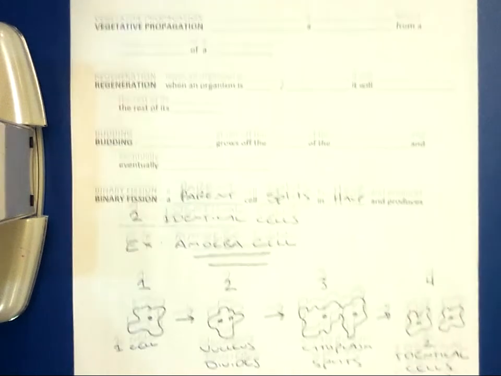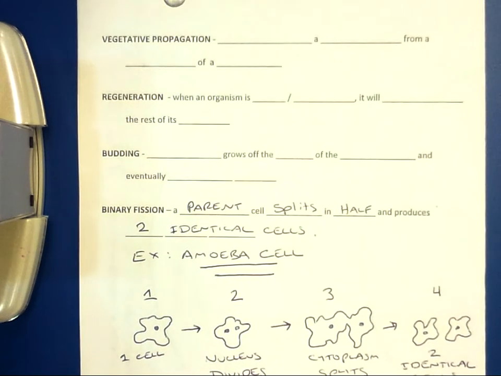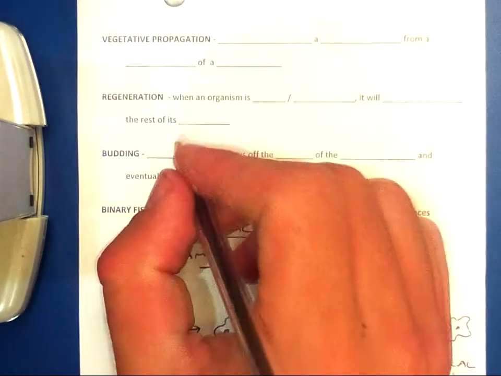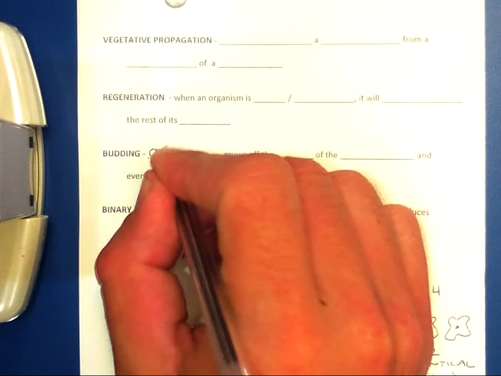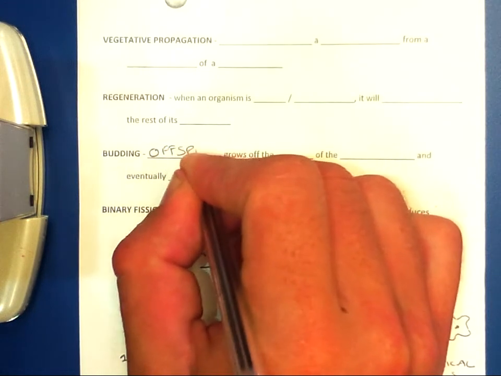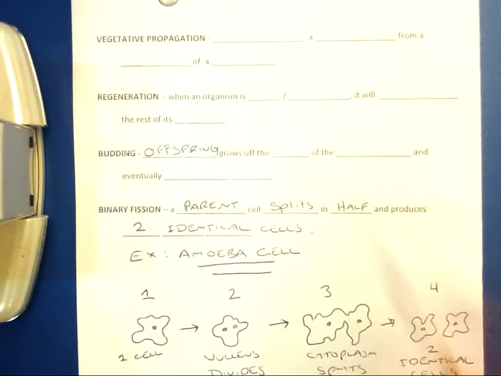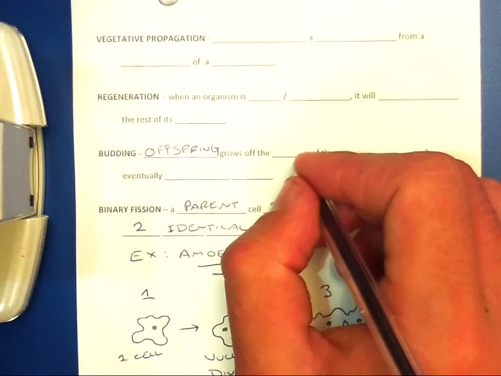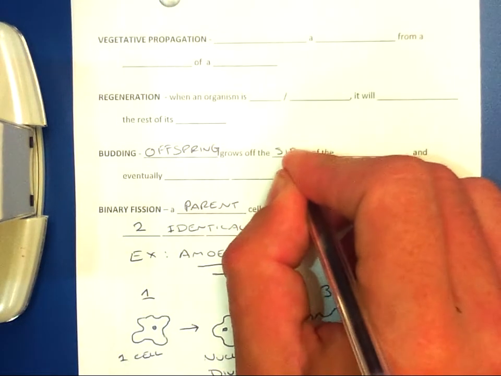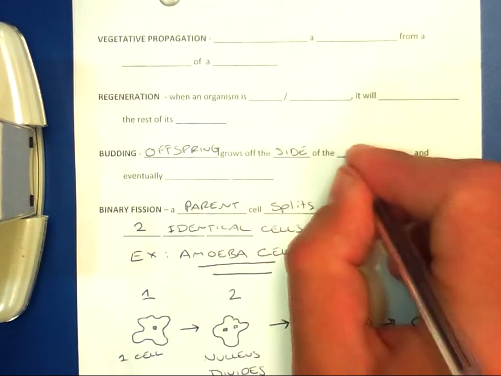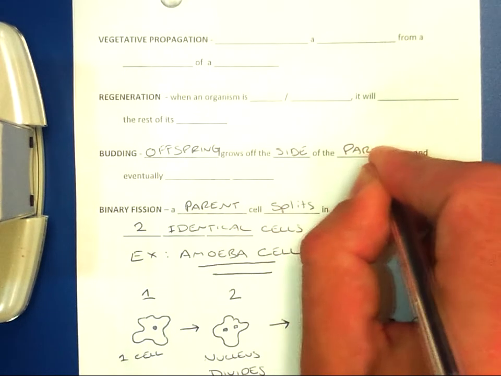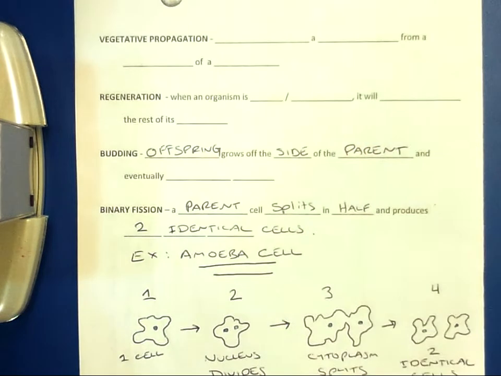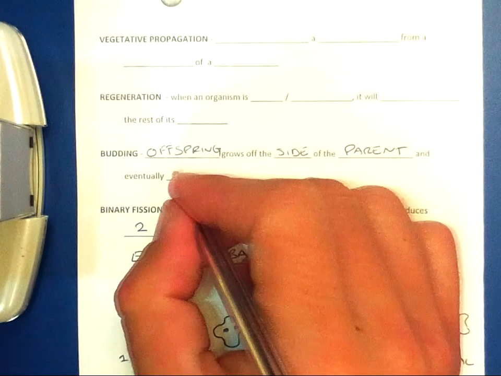All right, the next one that we just did was called budding. Budding is when offspring or a new cell grows off of the side of the parent and eventually breaks off.